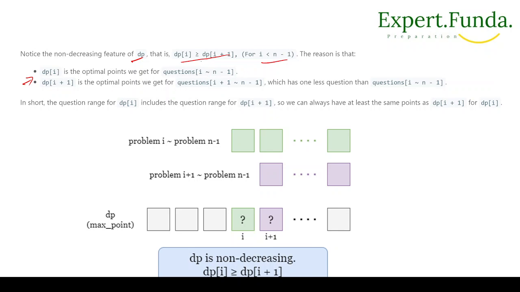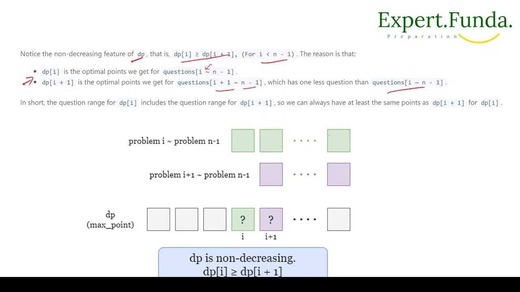And if dp of i plus 1 is the optimal points, then we can get it from i plus 1 to n minus 1. So this is our range from i to n minus 1, or i plus 1 to n minus 1, right? Which is the optimal point, for which has fewer questions than the previous one.